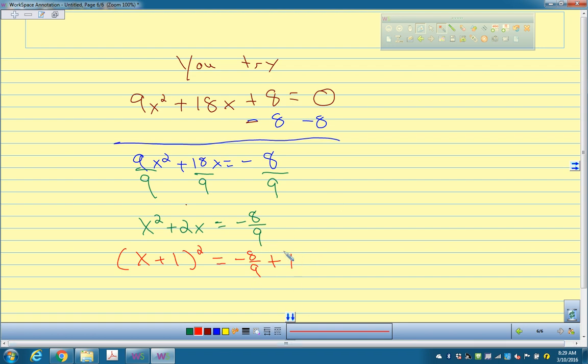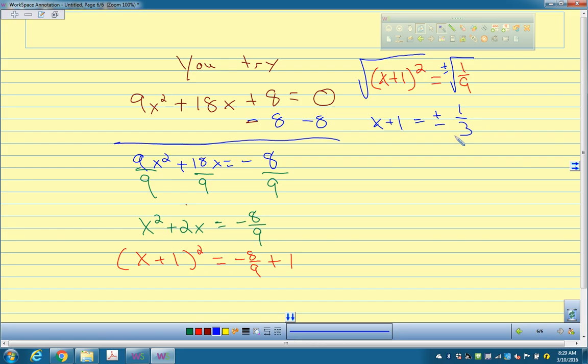Now I'm going to simplify this down a little bit because it makes my life easier. (x plus 1) squared equals negative 8/9 plus 1, which is how many ninths? 1/9. Okay? Now I square root both sides, so you get plus or minus the square root of 1/9. So you get x plus 1 equals plus or minus, what is the square root of 1/9? Square root of the top, square root of the bottom? 1/3, right?